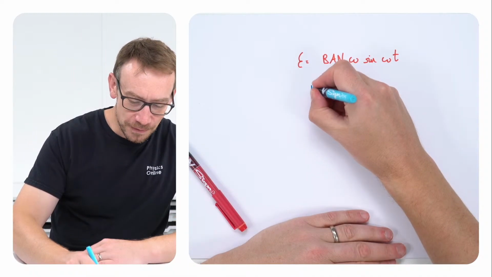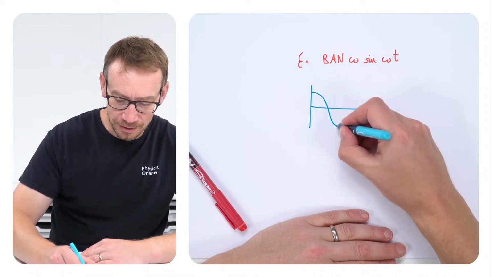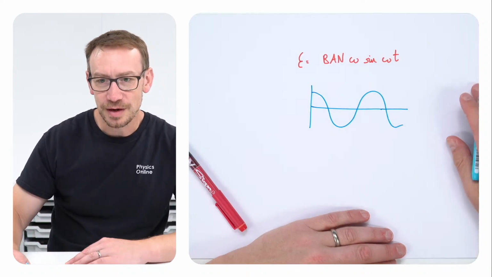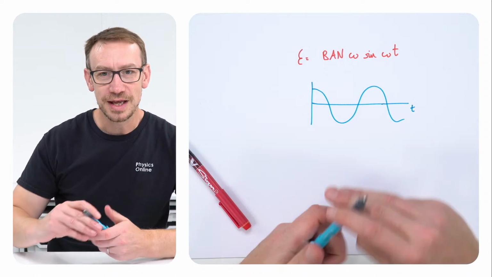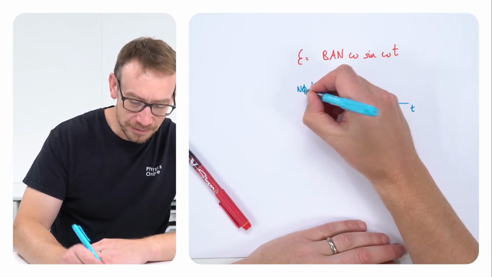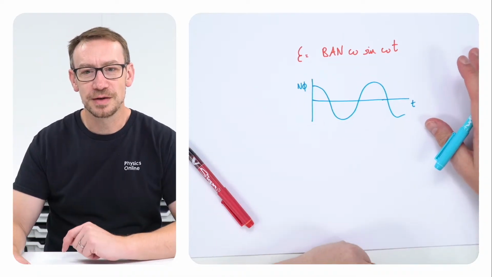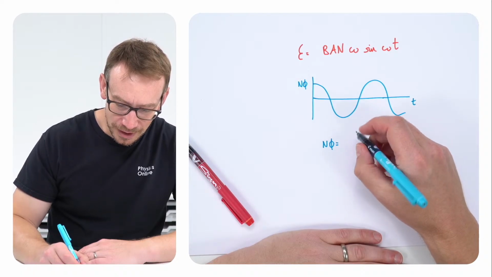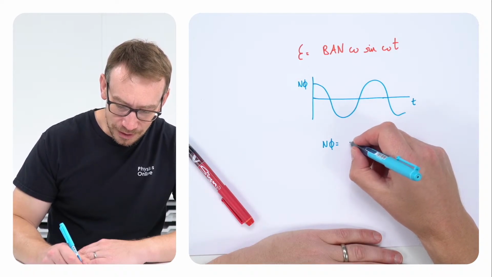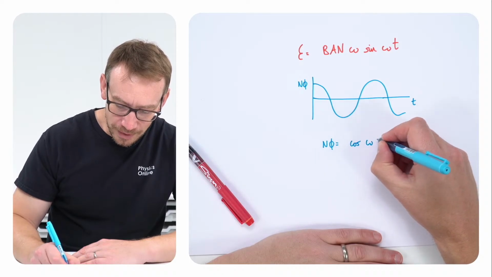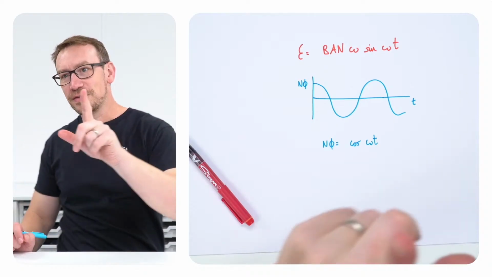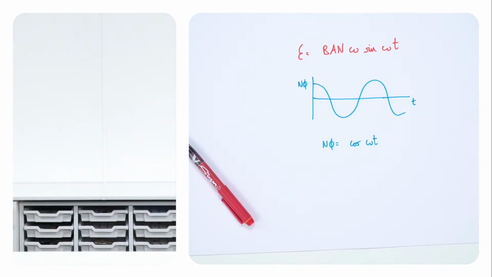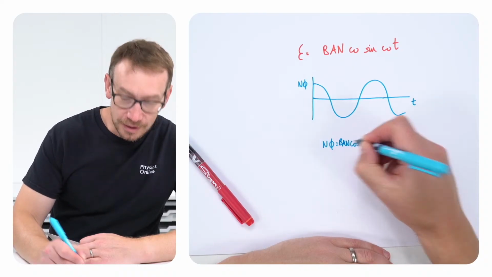If we've got a graph with time along the bottom axis, and here we've got the flux linkage, so that's N phi, we can see that this is changing with time. Now, N phi is equal to BAN cos omega t.